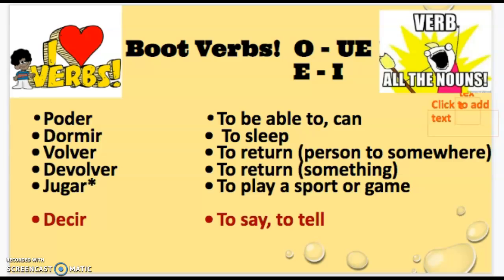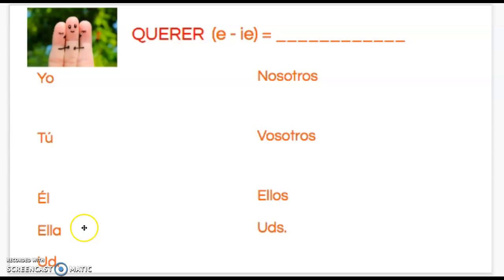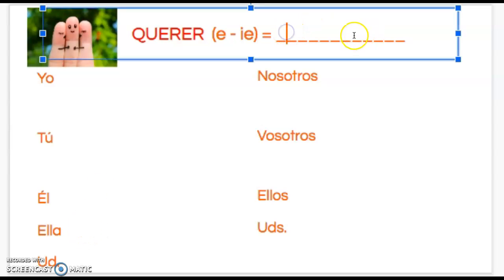Now that you know which ones are in each group, let me show you exactly what happens. Let's take this verb, querer. We can see in parentheses that it's an E to IE stem changer. So I go to my ending, and that means that E is going to be the one that changes. ¿Qué significa querer? What does querer mean?